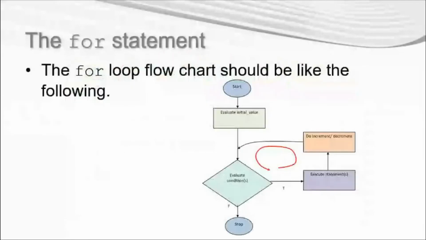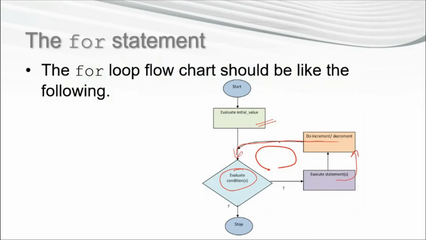This is the flowchart of a for loop. In most cases, we evaluate the initial value, then we evaluate the condition. If the condition is true, execute the statements, do the increment, then come back here.